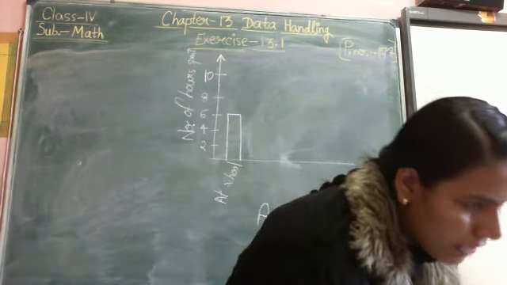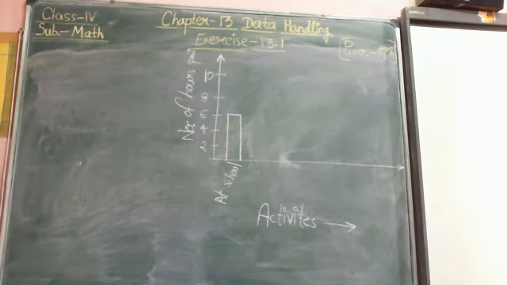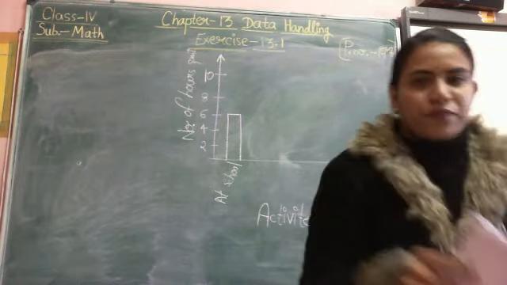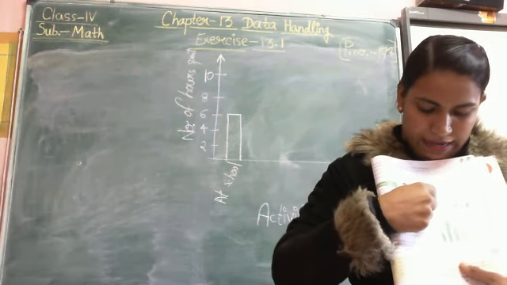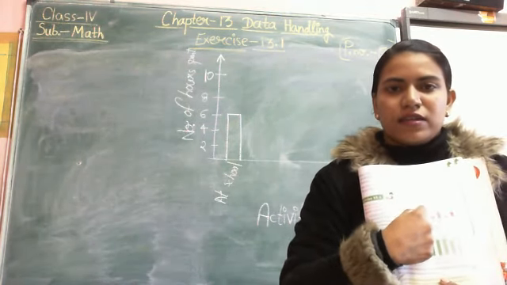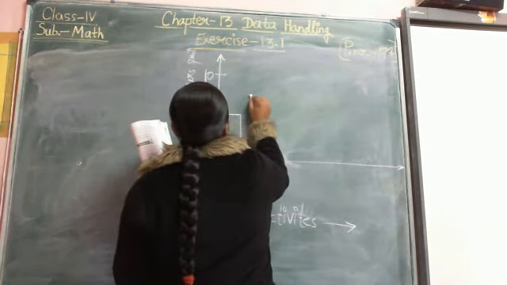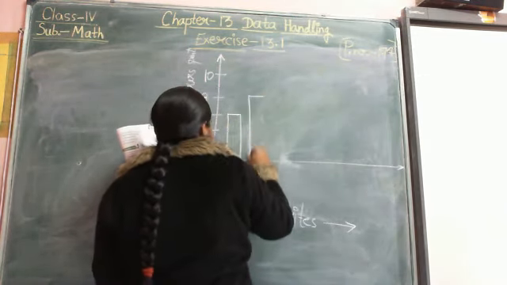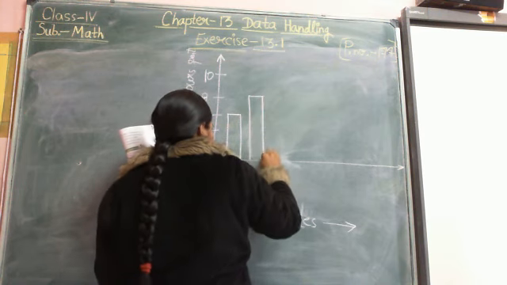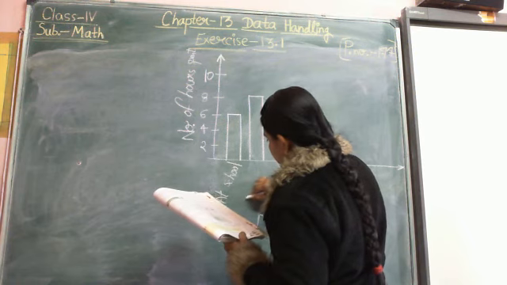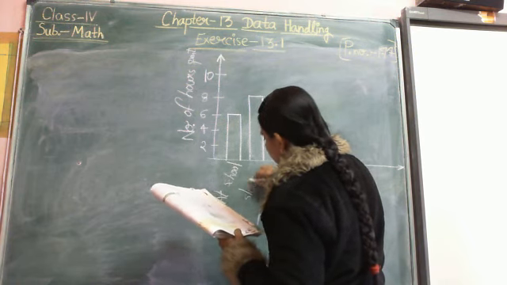Now the length of the next bar is up to 8. Right? The next activity was sleeping.